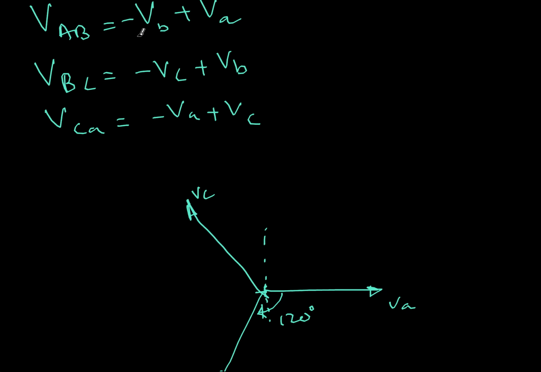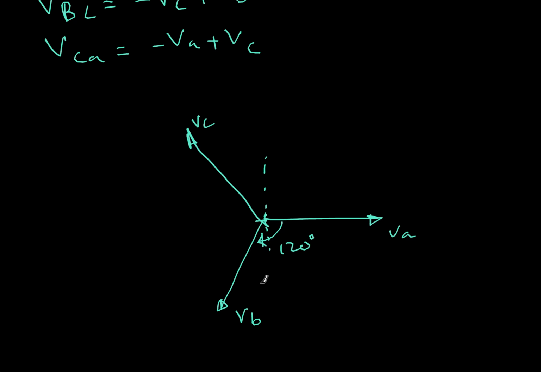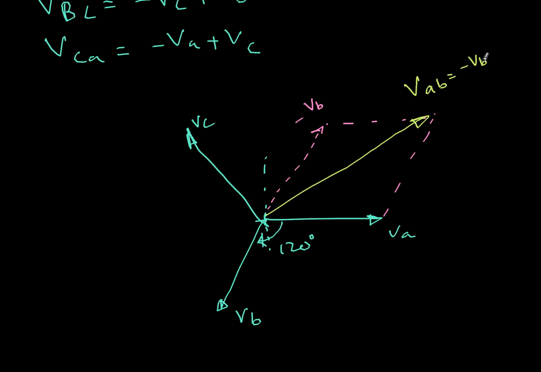Now my objective is to find VAB, that is minus VB plus VA. So let's draw what is minus VB. If this is VB, then this side will be minus VB. Then the addition of these two will be VAB, which is nothing but minus VB plus VA.